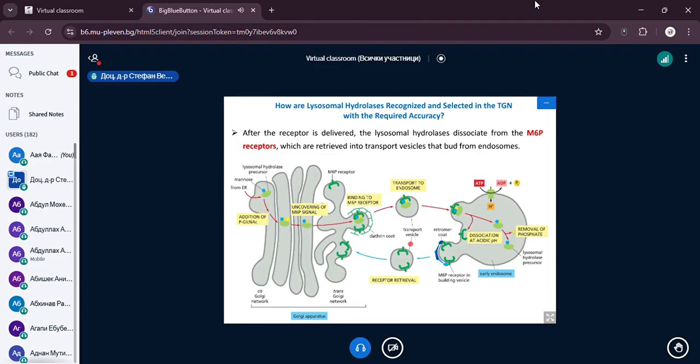Then this primary lysosome reaches the endosome compartment in which material for degradation is already present, and these primary lysosomes fuse with the endosomes, and here in the endosomes, because the proton pump is present, the pH is lower than 6.5.